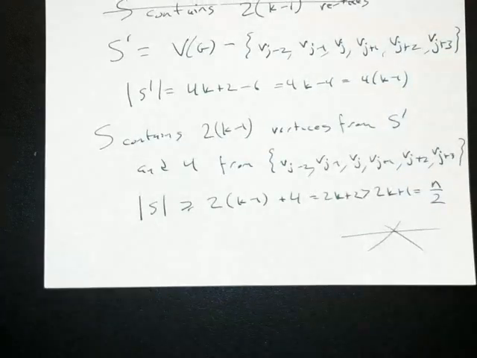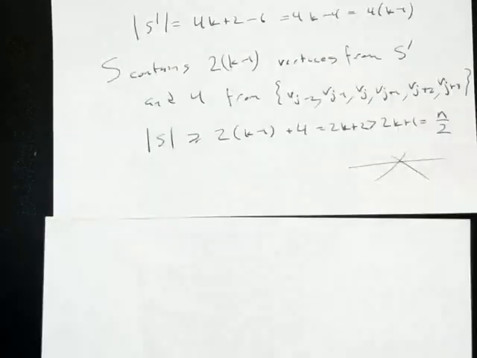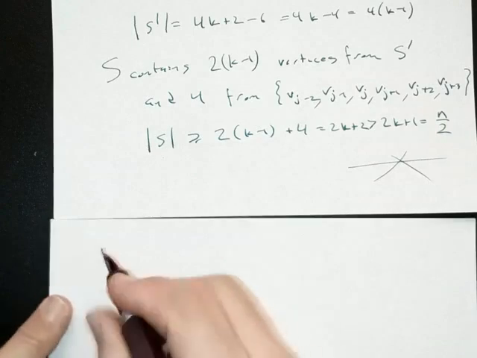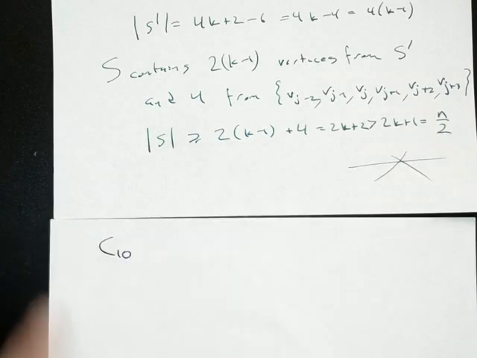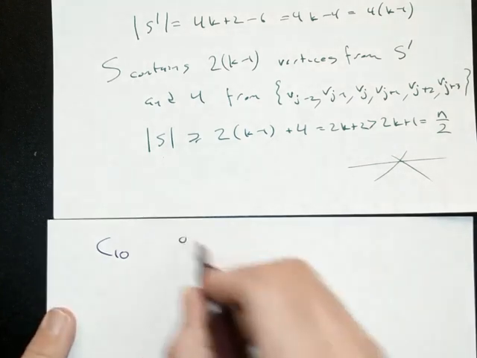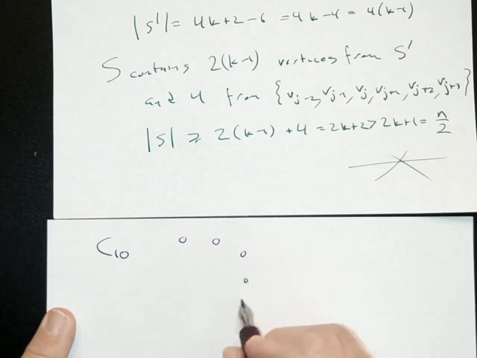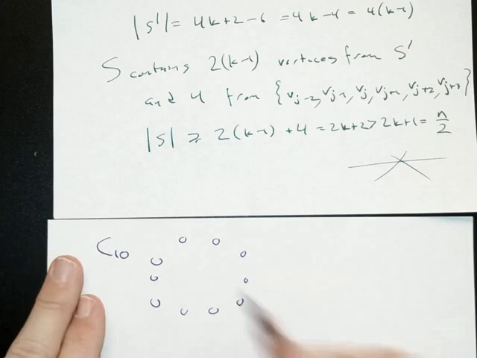Because now I can actually give you a question. That's the oddball case. That's 4k plus 2. Let's write a dominating set, a total dominating set. Here's C10.